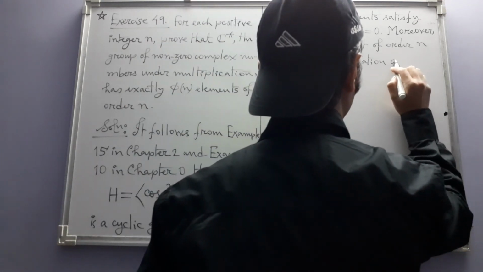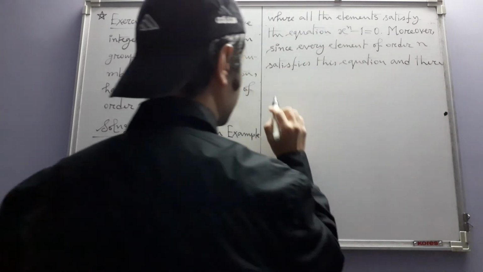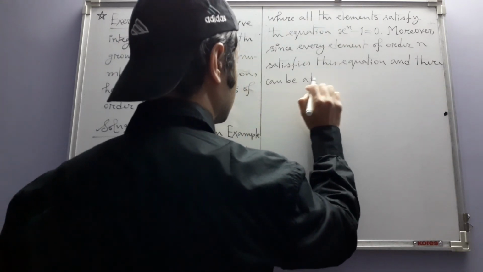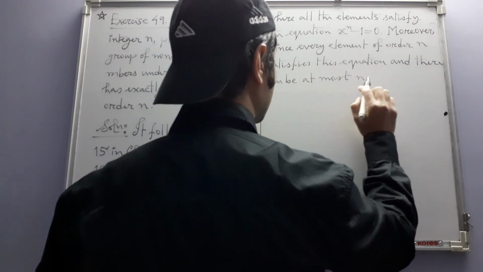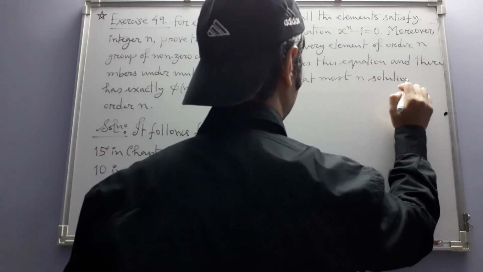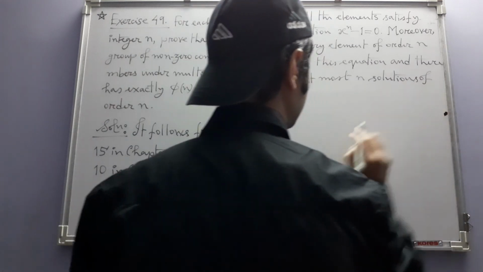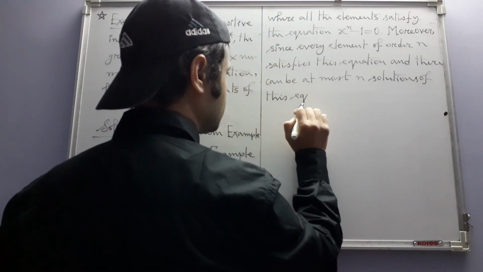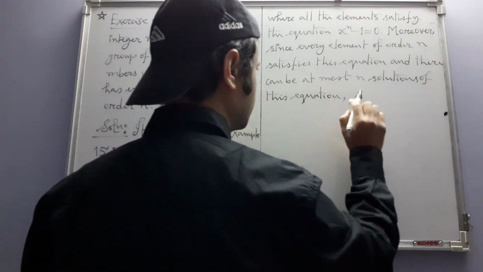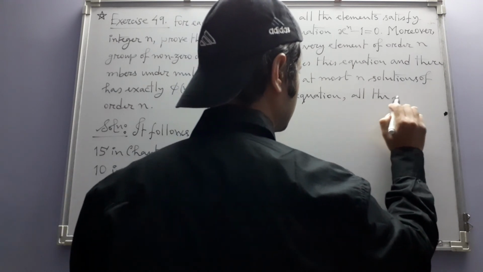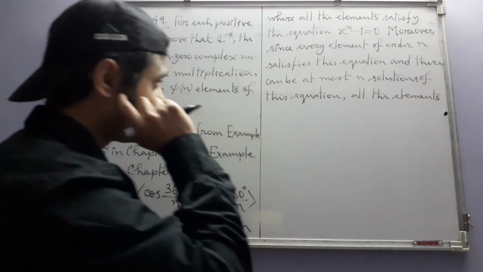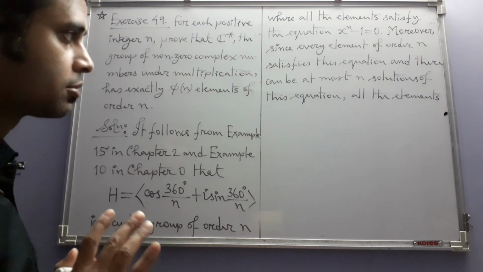And there can be at most n solutions. There can be at most n solutions of this equation because it's a polynomial equation of degree n, so at most n solutions.